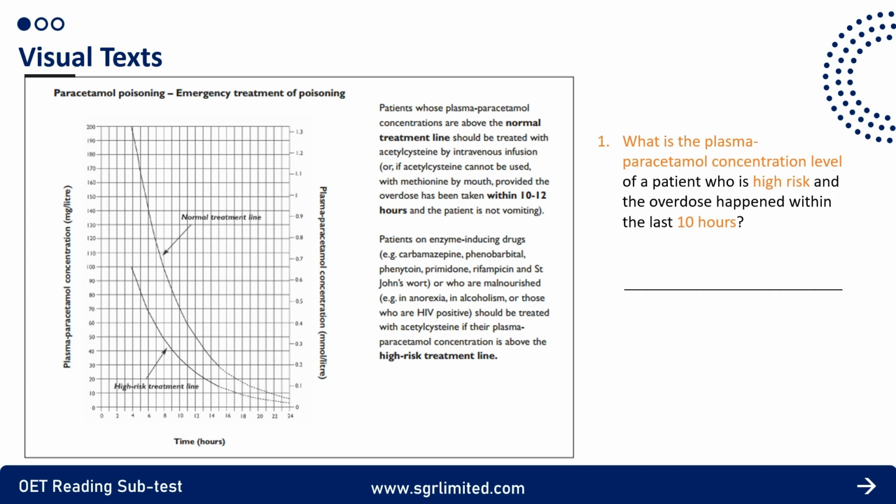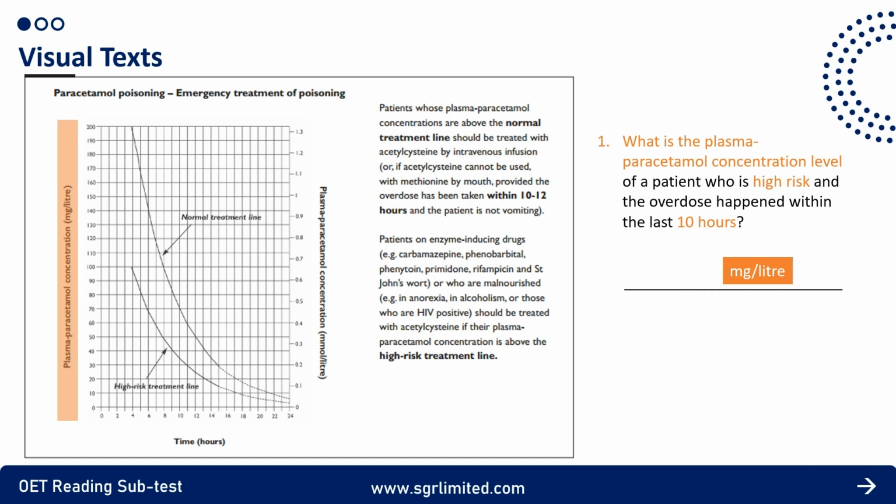For example, this question wants you to find the plasma paracetamol concentration level. We find them on the left and the right side. Make a decision as to which one you would go for. I have decided to do the milligram per liter on the left, so my answer should have milligram per liter written on it.